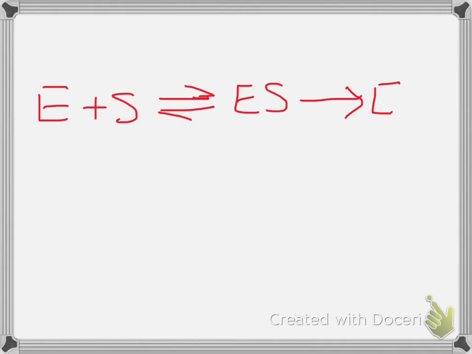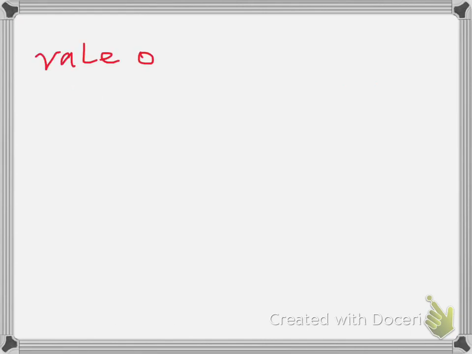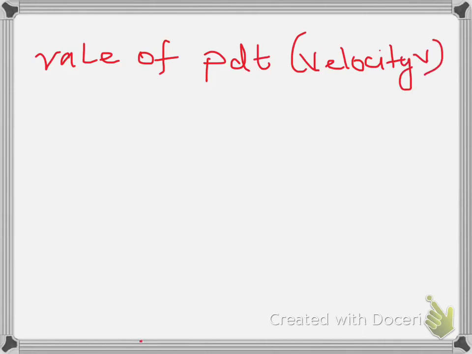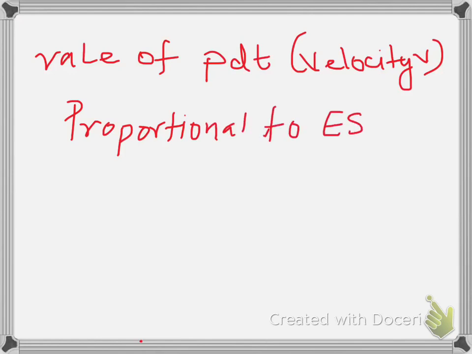Now we can write the equation: E plus S gives ES, which on dissociation gives E plus P. P is the product. Now the rate of appearance of product, that is velocity V, is directly proportional to the concentration of the enzyme substrate complex.